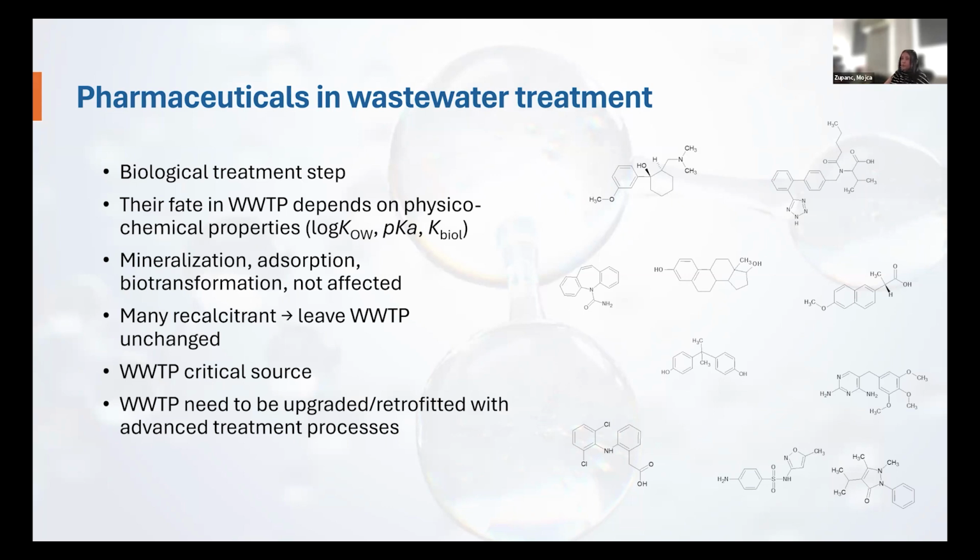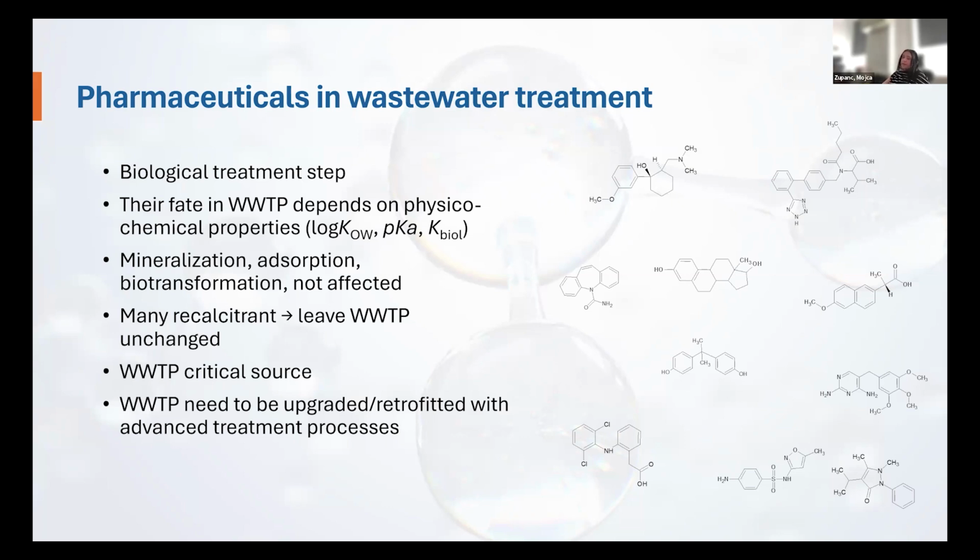Unfortunately, a lot of pharmaceuticals are recalcitrant, which means that they go untreated via the wastewater treatment plant. For this reason, wastewater treatment plants are considered a major source through which these pollutants enter the environment. To tackle this problem, the wastewater treatment plants need to be upgraded or retrofitted with some alternative processes.